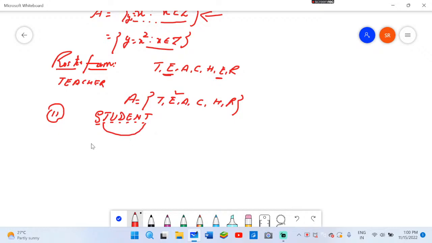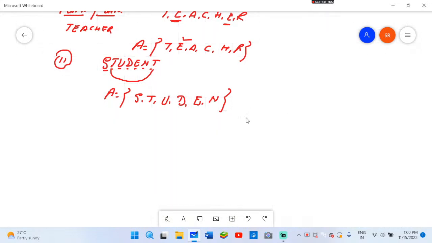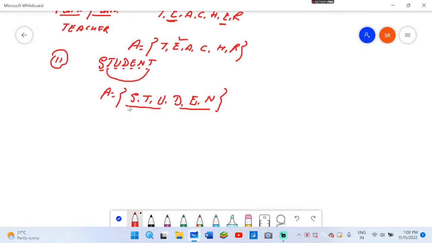With the same reasoning, in the roster form, we write it as S, T, U, D, E, N. The second time T I am not writing because repetition of an element in a set is not allowed. So it contains only how many? 6 elements.